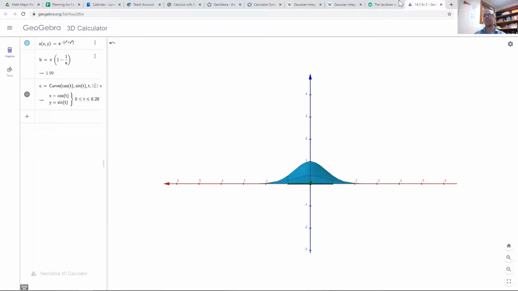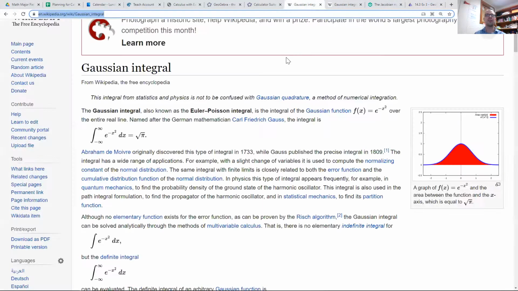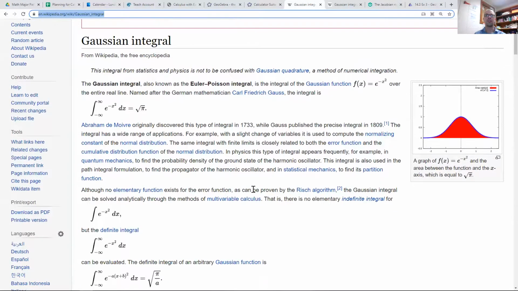This kind of integral is called a Gaussian integral. And these things are important, definitely for computing the normalizing constant for the normal distribution. And apparently it is useful in physics and quantum mechanics too.